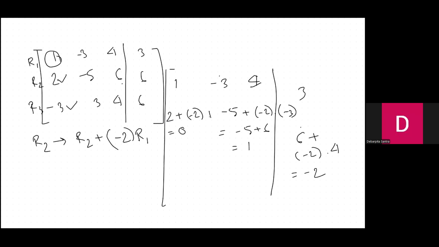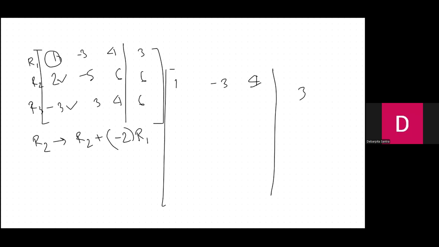Let me just write down properly: 0, 1, minus 2 at the second row. And on the right hand side, it is 6 previously, then 6 plus minus 2 into 3, so the value will become 0.